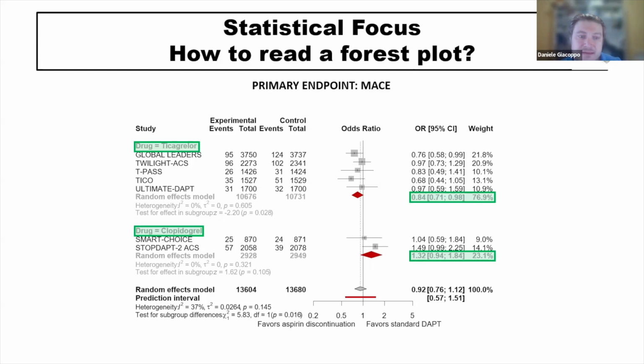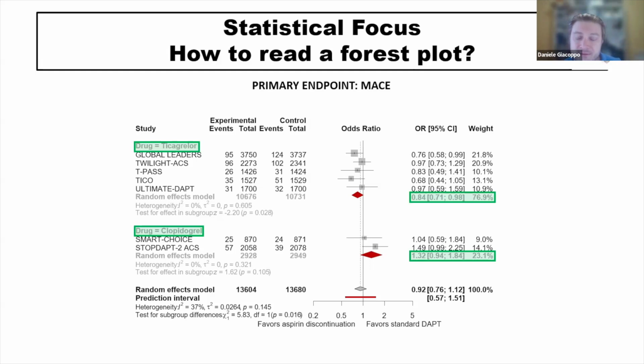In the first random effects model line, you have the summary estimates of the two groups, and these values summarize respectively the ticagrelor group and the clopidogrel group, and the weight is different.